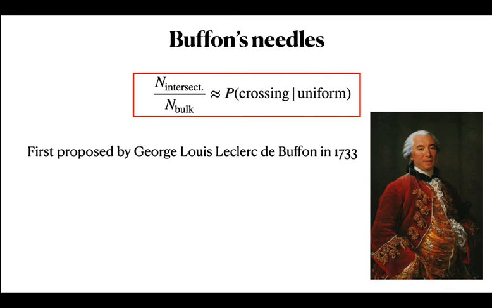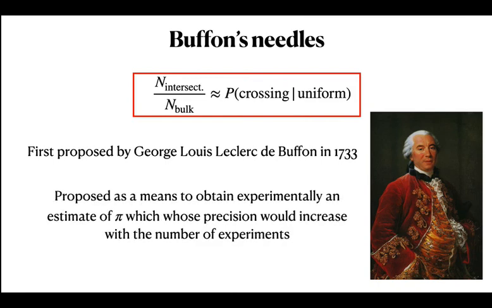And the thing is that he proposed it because he directly postulated this particular connection, that a way to evaluate this formal quantity, which is a probability under the uniform hypothesis, would be to simply do some experiment in real life. And his objective was in fact to propose an experiment that you could do in real life to get various estimates of pi through essentially random operations.